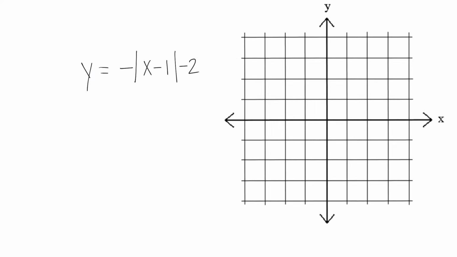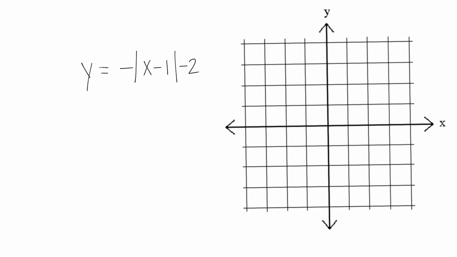Let's try one more. What if we have y equals negative absolute value of x minus 1, minus 2? Okay, let's see what that looks like. We know we need to go to 1, and then we need to go down 2.